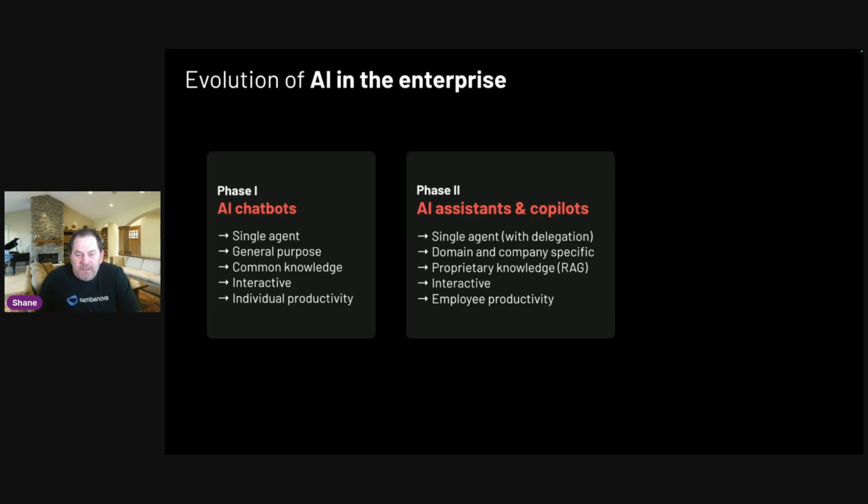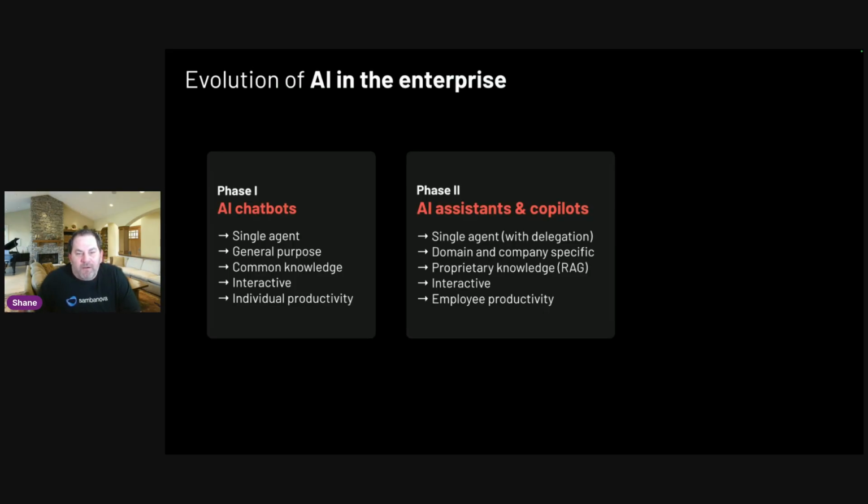Lots of enterprises came to the conclusion that, as great as these models are, they need access to our domain and business knowledge in order for us to use them effectively internally. Whether that means answering customer support questions, for example, I know a lot of banks now have AI assistants that you can ask to check your balance or transfer money or do various things.